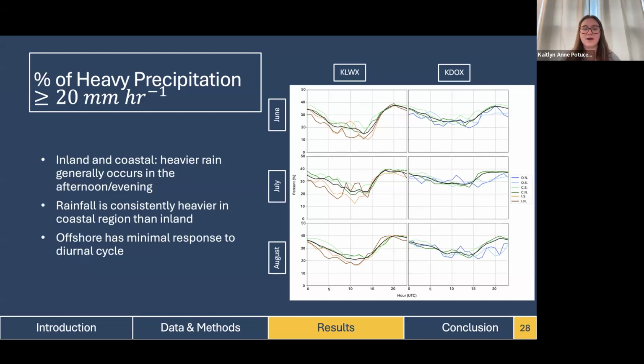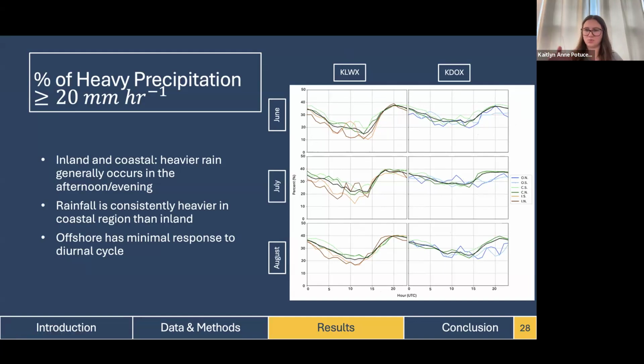And then we also see for our inland and coastal region, we have a higher contribution from this more intense rainfall in the afternoon and evening that then decreases through the overnight hours and into the early morning. And this is consistent across all three summer months for our coastal and our inland subregions, so our green and our brown lines here. We sort of see the offshore subdomain follow the coastal subdomain for our more coastal radar.